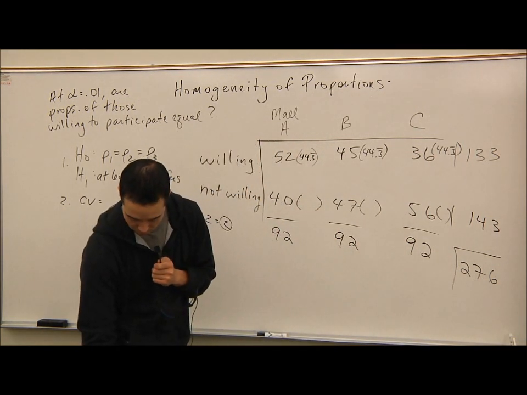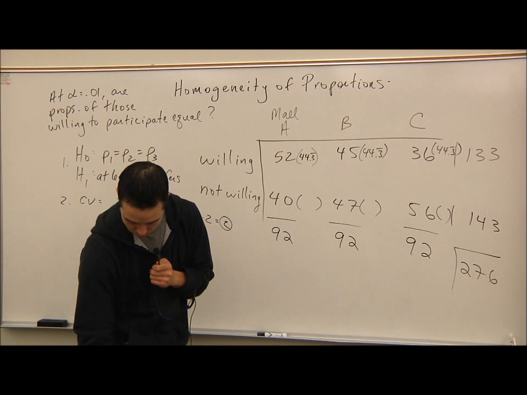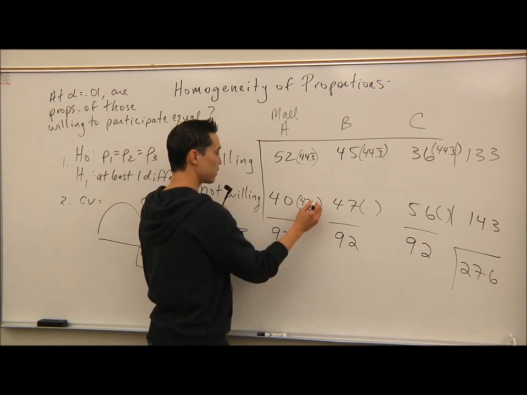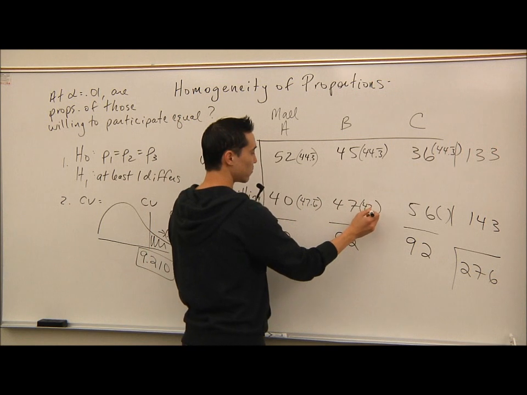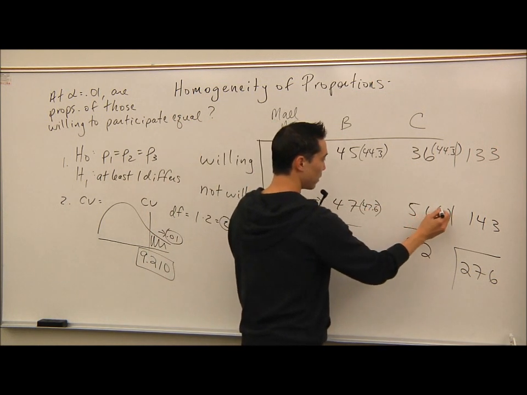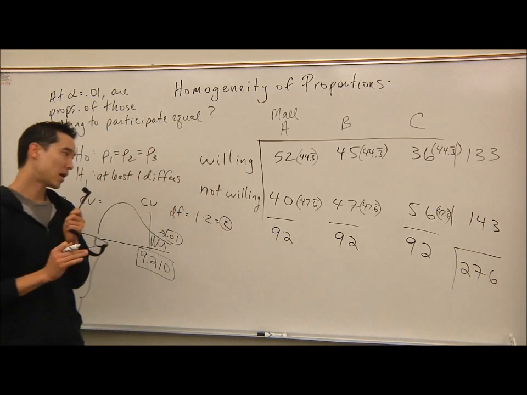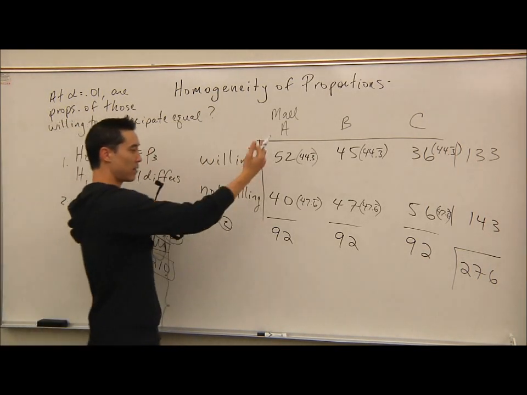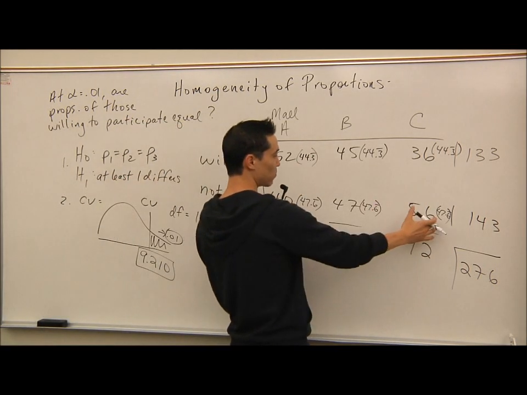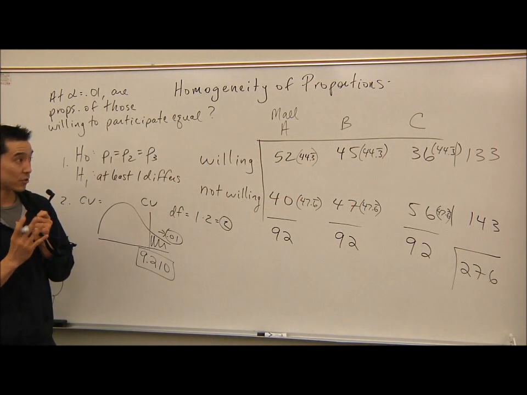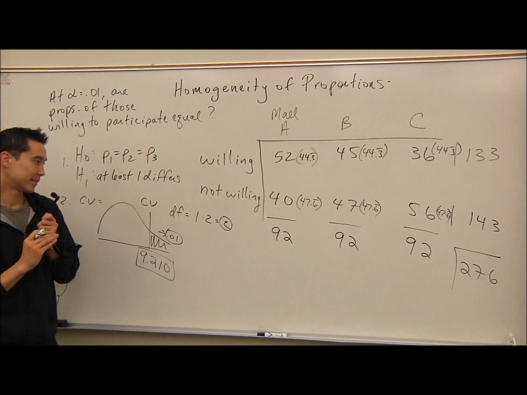So in your calculator, do 143 times 92 divided by 276, and you get 47.6 repeated, 47.6 repeated, and 47.6 repeated. Okay, now normally that doesn't happen. You guys got lucky that all of these column totals were the same, so really you only had to do 2 expected values here. Okay?